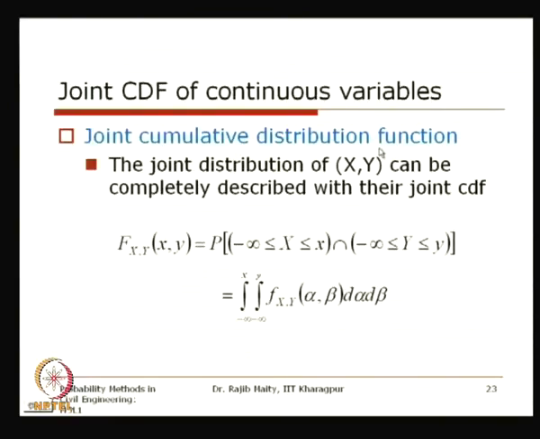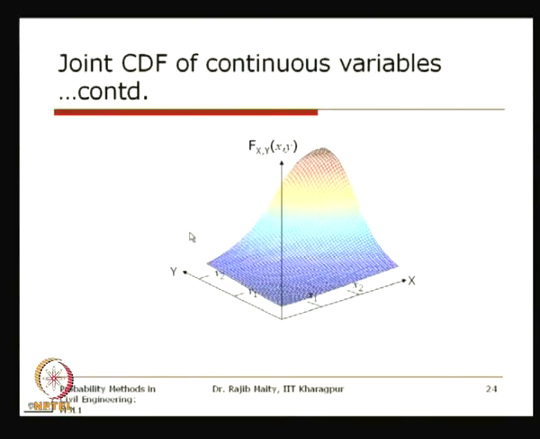This is the joint cumulative distribution function. From the left extreme to some specific value, if we integrate these values, we get the joint cumulative distribution function. In the bivariate case, it will look like this.